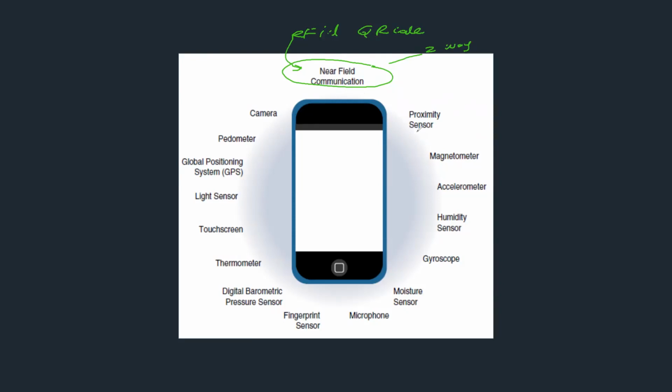And then we can have other sensors like proximity sensors, magnetometers, like magnetic field measuring sensors, accelerometers, humidity sensors, gyroscopes, moisture sensors, microphones, fingerprint sensors, barometer sensors, thermometers, touch screen, light sensors, GPS, pedometers, camera, and so on.